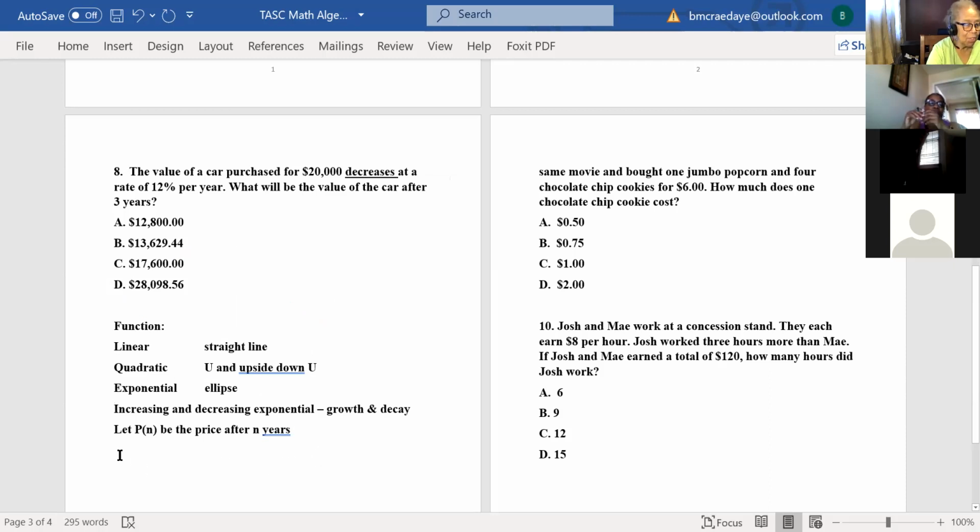Now let me give you the formula and see if you can solve it. So P of N, we know N is 3 years.